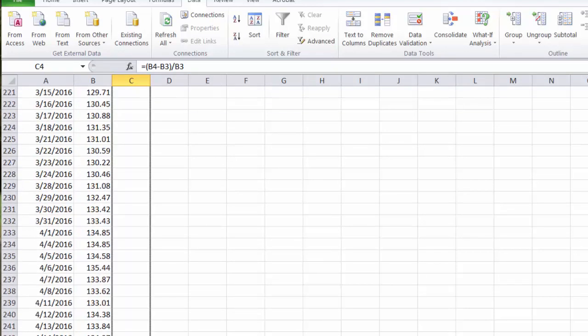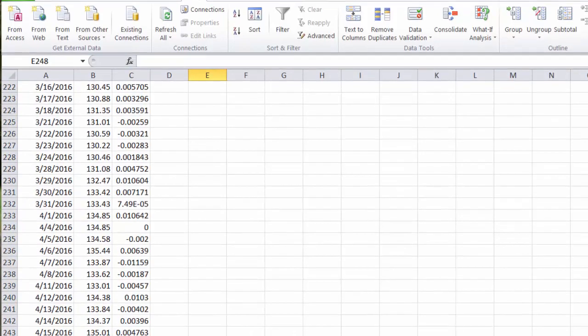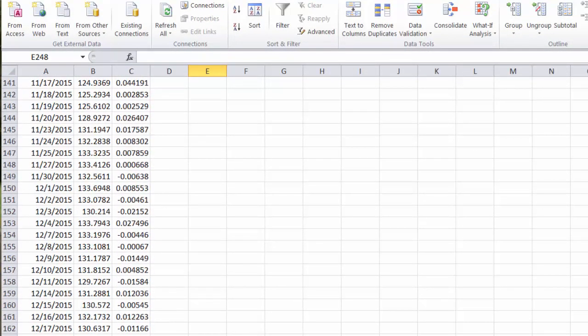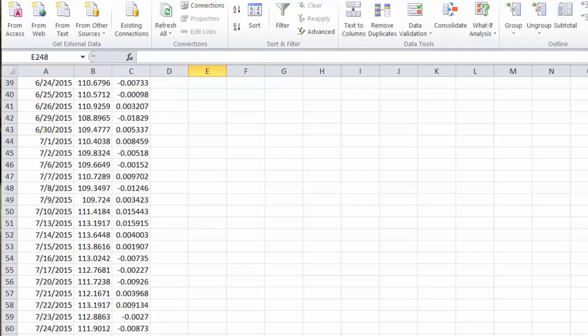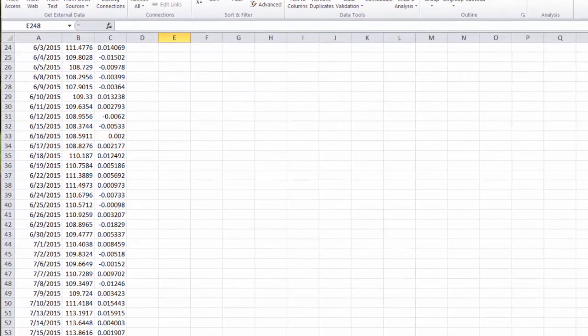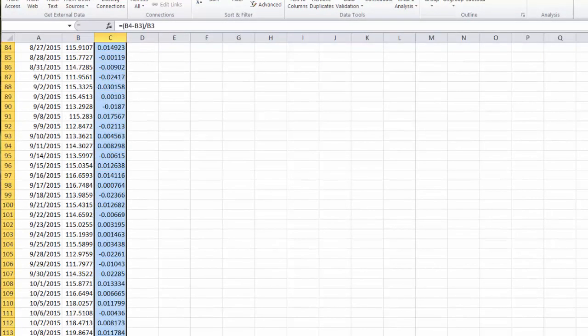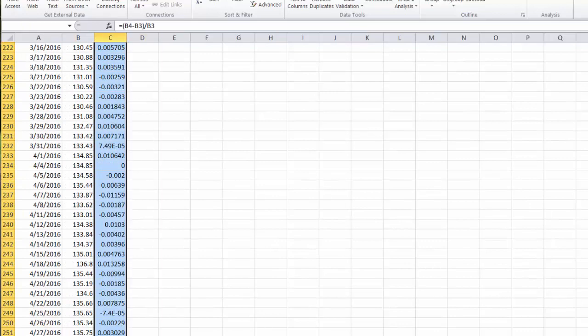I'll just drag that down. Notice it goes to 253. Okay, so these are returns. Let's just look at them graphically.